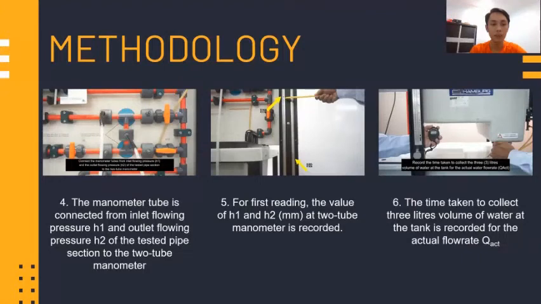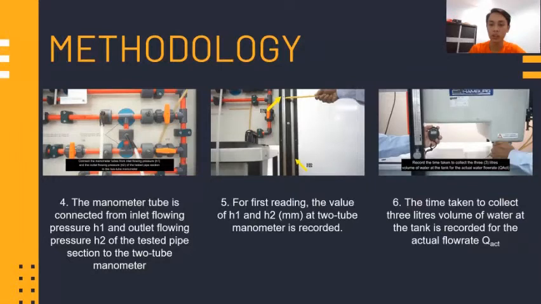Next, the manometer tube is connected from the inlet flowing pressure H1 and outlet flowing pressure H2 of the tested pipe section to the two tube manometer. Next, for the first reading, the values of H1 and H2 at the two tube manometer are recorded.